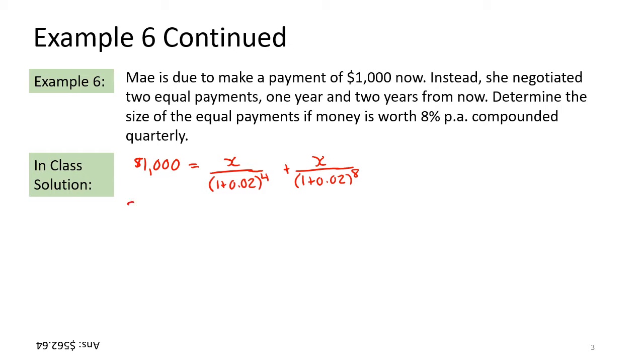So that means we have $1,000 is equal to x, and if you solve for the denominator, I'm rounding, you get 1.0824, plus x divided by, again solving for the denominator, 1.17166. Okay, so I have a few more decimals just because of how the numbers worked out.